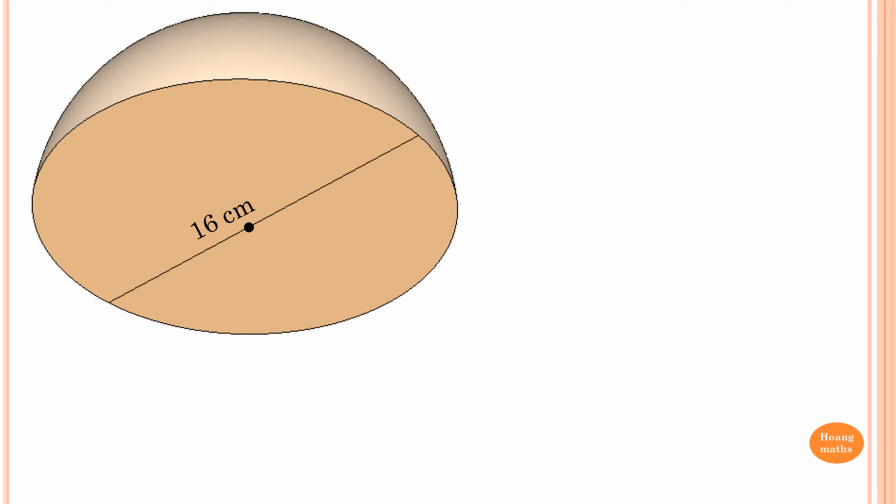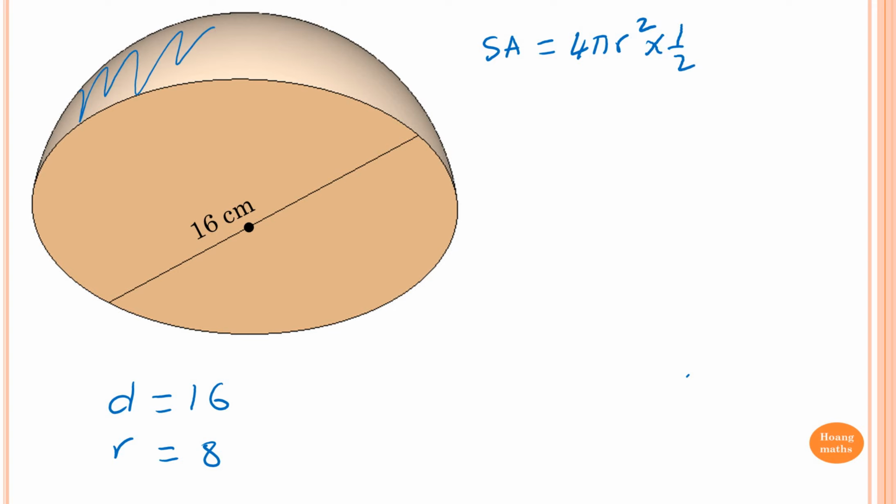We know that the diameter D is 16, so therefore the radius of this is half of 16, which is 8. So now surface area of a sphere is 4 pi r squared. But then it's only half of a sphere, so times by half, which gives me the area around the curve.